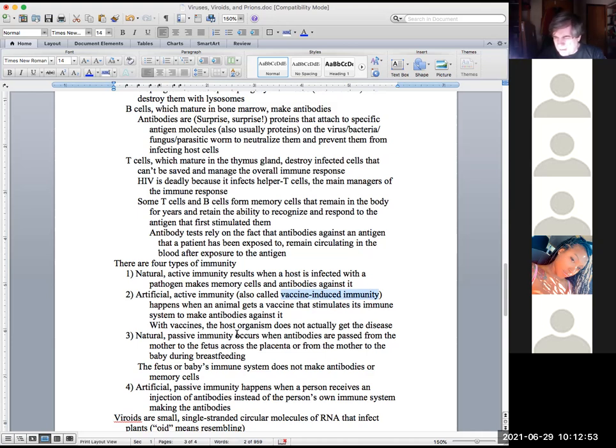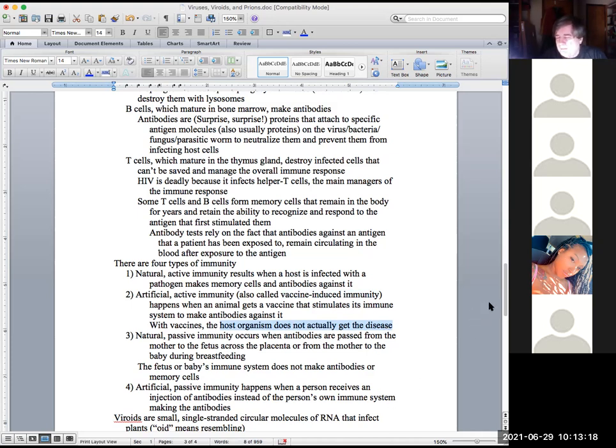Now, the idea of this, of course, is that with a vaccine, you don't actually get the disease. So, for instance, if you get a vaccine against COVID-19, then instead of getting the disease the first time and then having immunity, the first time you're exposed to it, you don't get the disease because you have already had a vaccine.